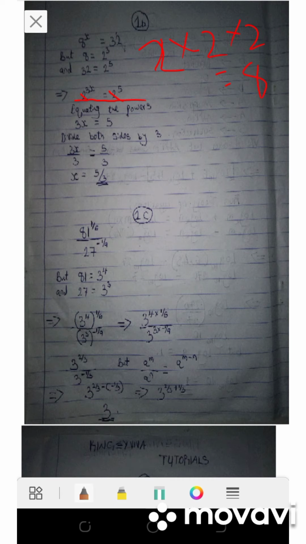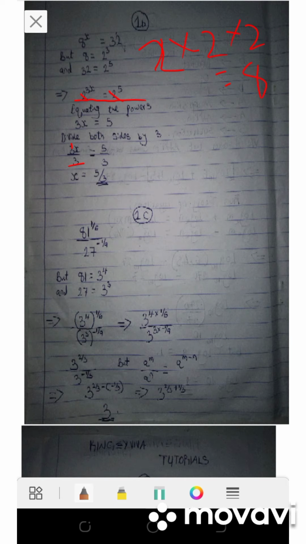When I do that now, this 3 will cancel this 3. Then x will be equal to 5 over 3. That is the answer. 5 over 3 is the answer.